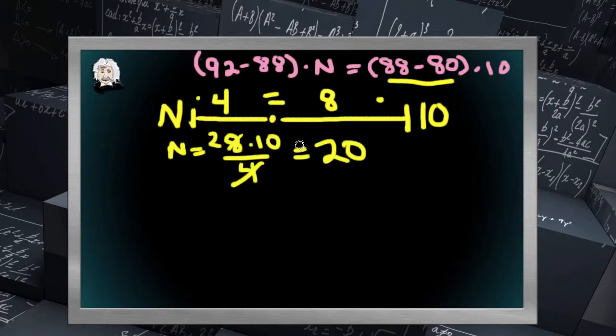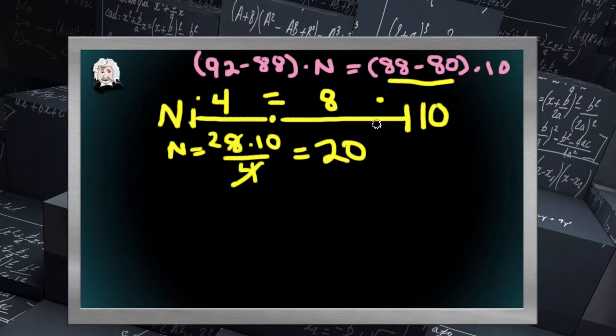Or you can see the ratio of 8 to 4 has to be offset by the ratio of n to 10. So if this is 2 to 1 from group 1 to group 2, then it must be 2 to 1 in terms of the count to offset it from group 2 back to group 1. That allows you to solve the problems more quickly.